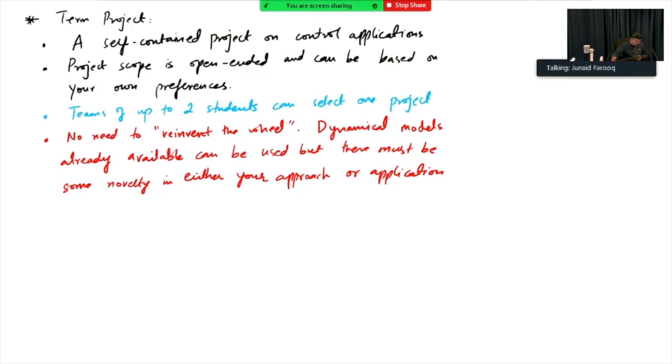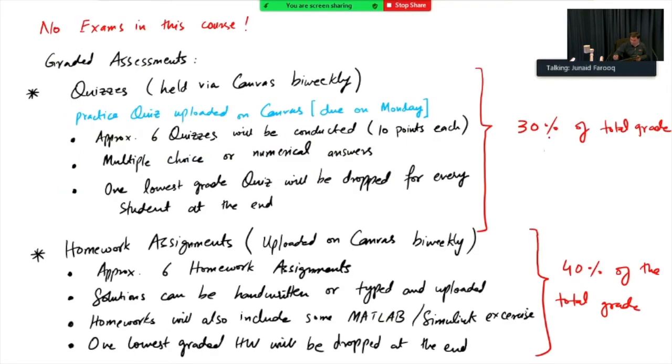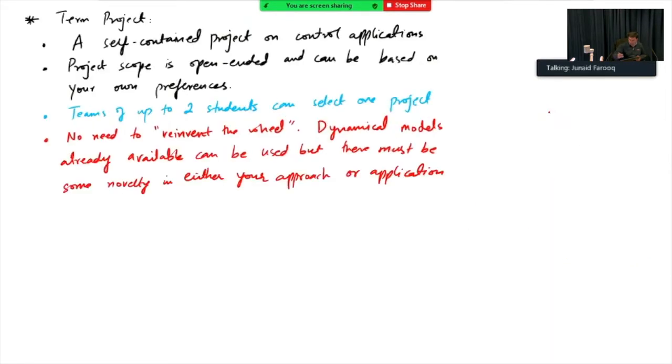All right, so this is going to be the remaining 30% of your grade. So there's 30, 40, and then the remaining 30%, which is coming from the project.